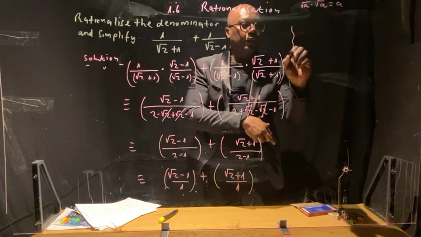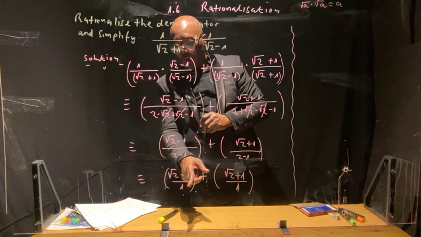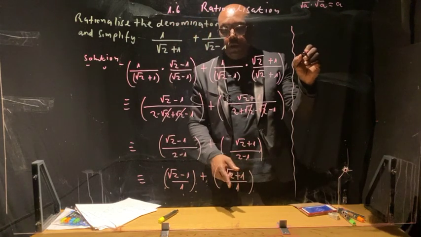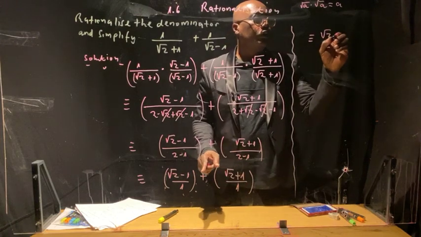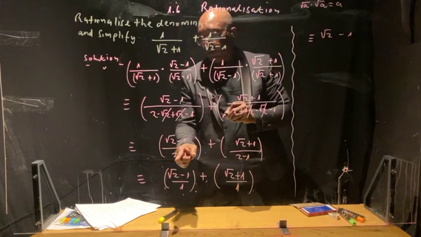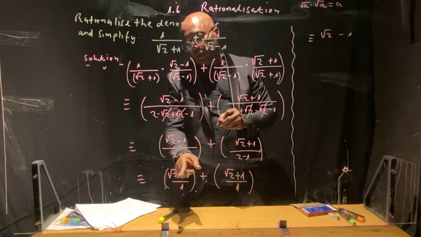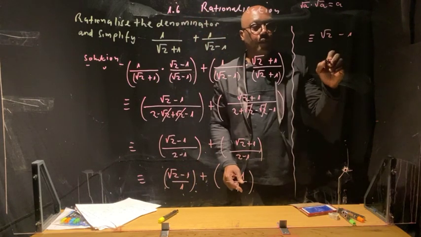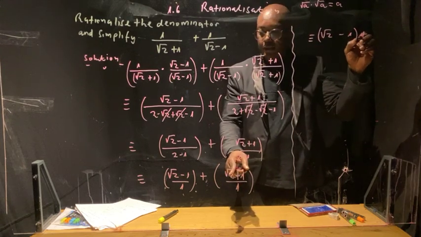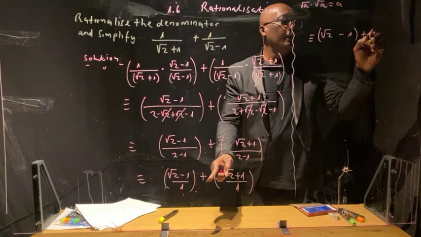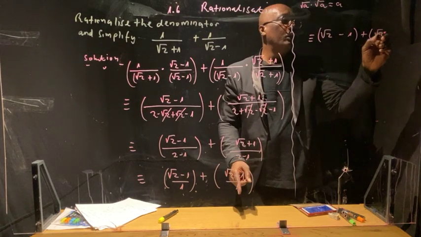Then if we continue, we will have root 2 minus 1, all over 1, which is the same as root 2 minus 1. So the bracket becomes this way, and this one plus, see the plus there, root 2 plus 1.